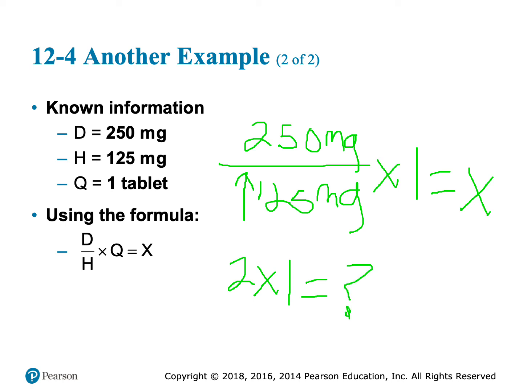So when we do 2 times 1, we get 2. And so 2 is going to equal our X. All right, and so this tells us that in order to give the patient the correct dosage that the doctor ordered, we need to give the patient 2 tablets of medication.